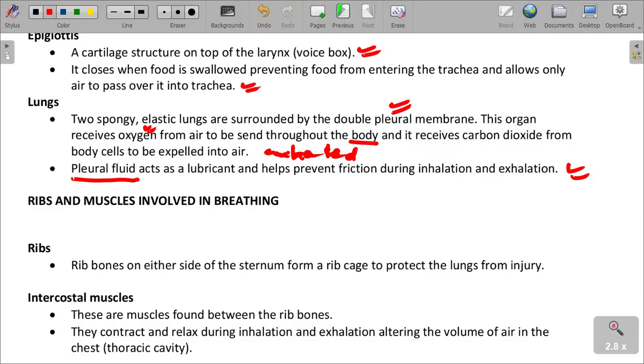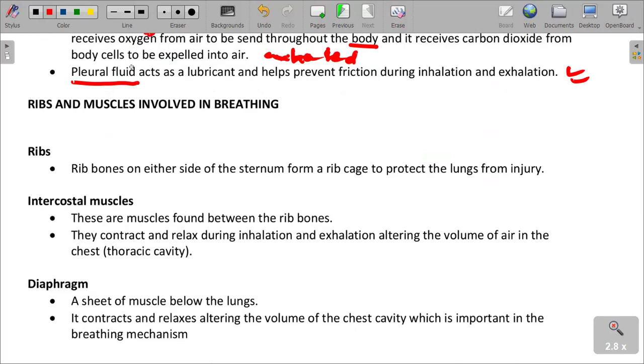We cannot overlook the pleural fluid that is found within the pleural membrane surrounding the lungs, which prevents friction and ensures easy movement of air during inhalation and exhalation. Now the ribs and muscles involved in breathing.